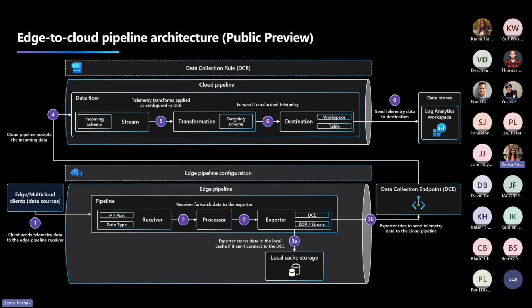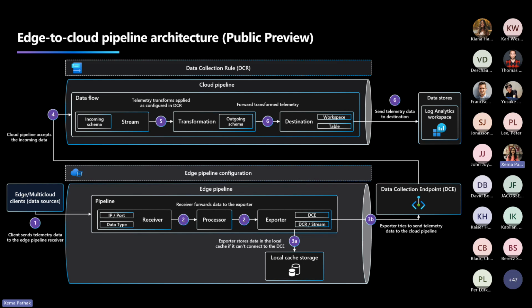If you want to, let's say, filter out unnecessary data before ingesting into LA, you can do it. Or if you want to enrich the data or do any kind of transformation with KQL that we currently support, you can do everything in the cloud pipeline and then send it all the way up to the Log Analytics workspace to store those logs. And once you have logs in place, you can use your repo for any other visualization or security analytics that you're doing. So that's how it works end to end.